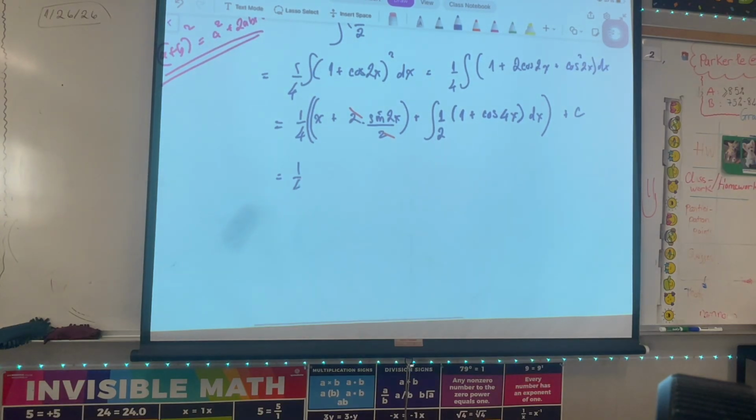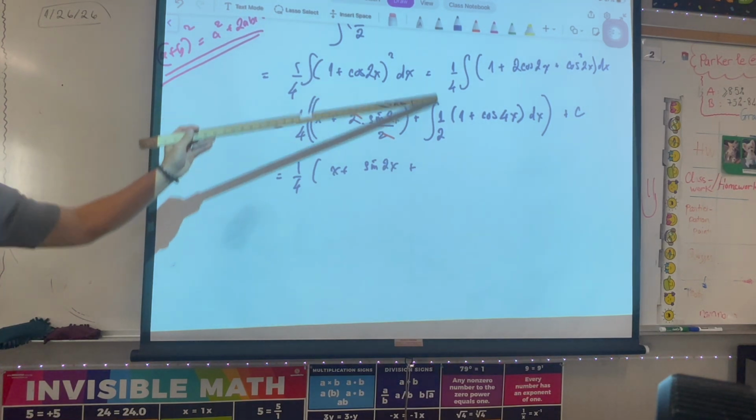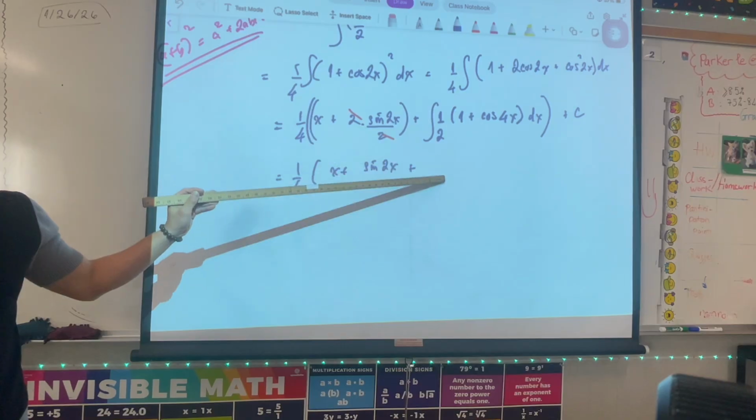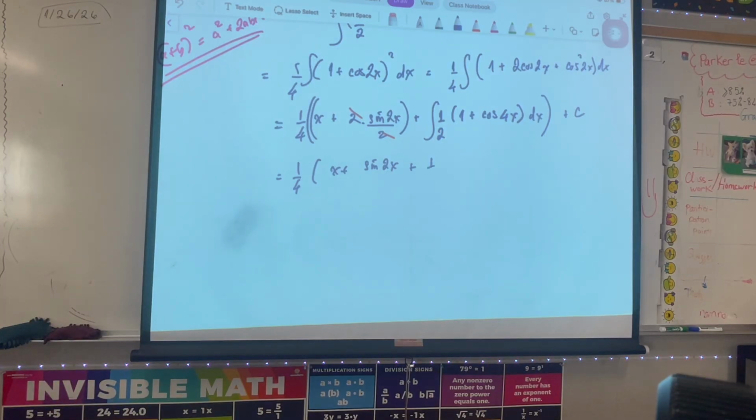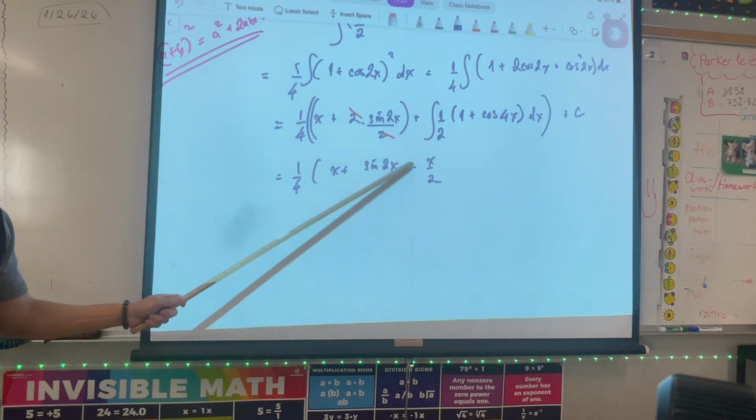Okay. Now 1/4 here, I have x plus sine 2x, plus, what is the integral of 1/2? Oh, x over 2, right? Same thing, 1/2 x, x over 2.